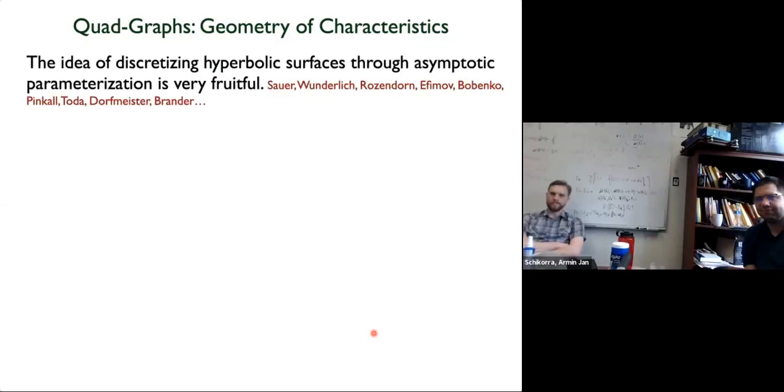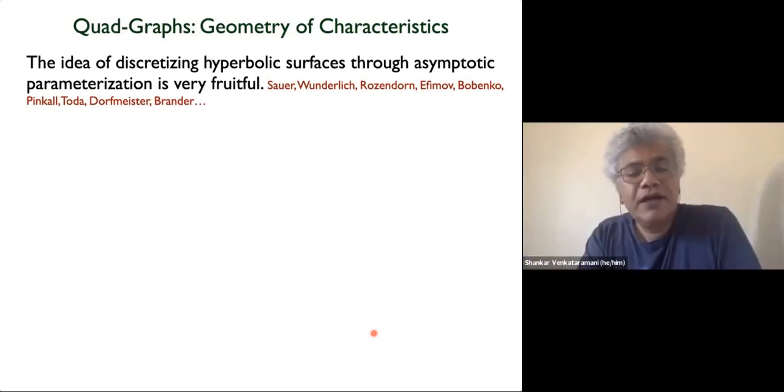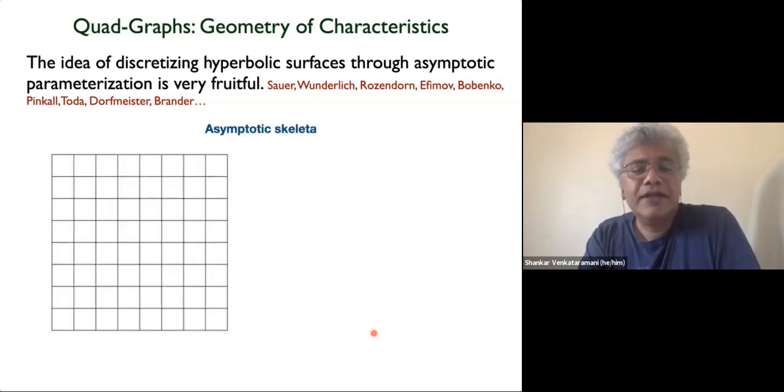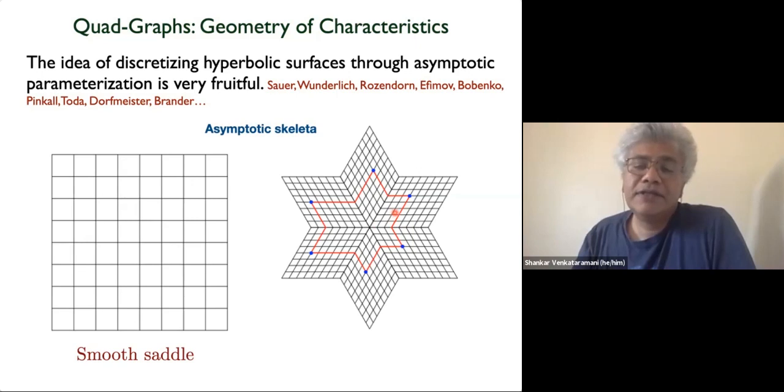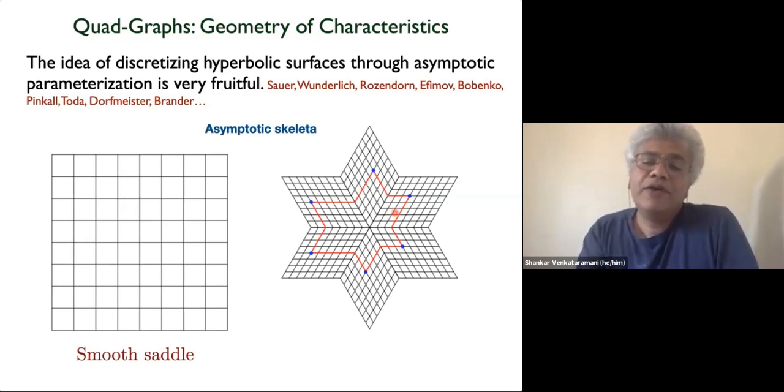So given an immersion, we can construct these characteristic curves by intersecting with local tangent planes. We can also go in the other direction, okay? And that's the interesting direction, that you can start with a network with the following properties. It's a quad graph, which means it's a cell decomposition in which all the faces are quadrilaterals, and at every point there should be an even number of quadrilaterals.